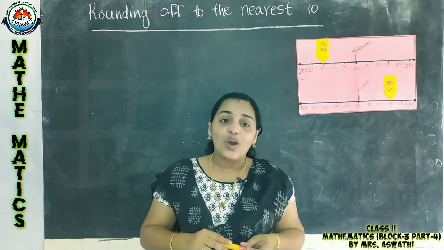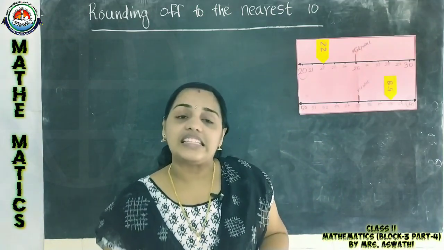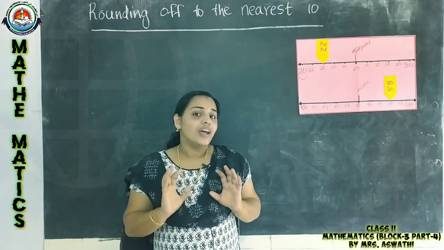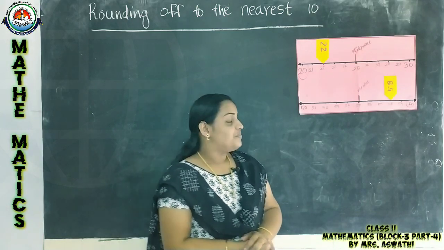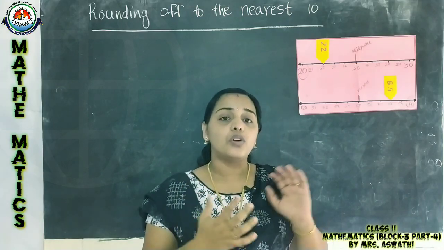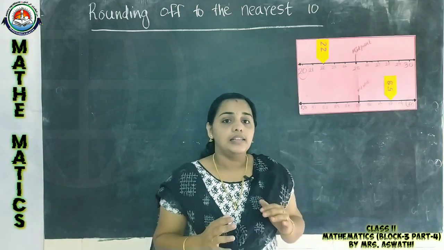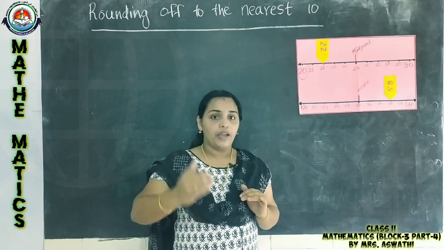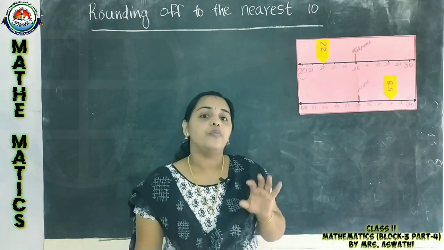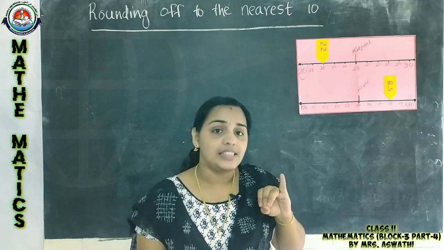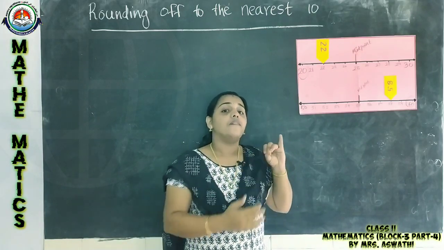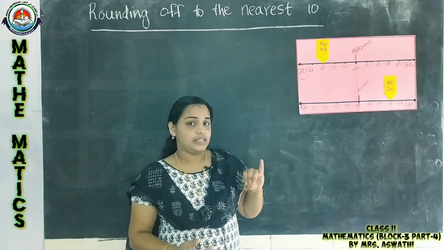Okay, now you know how to round off to the nearest 10. Now you can understand, is it? Then how to solve this? I will say step by step. First, we find the two tens between which that number lies.